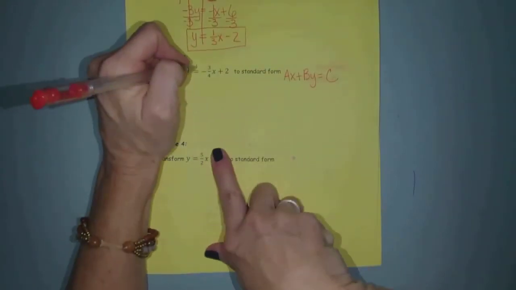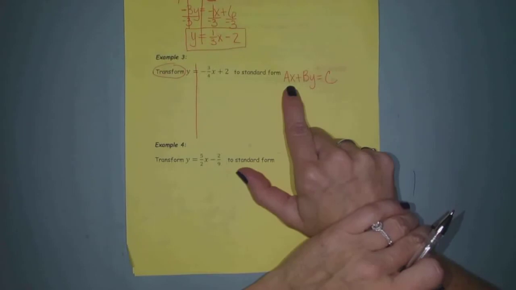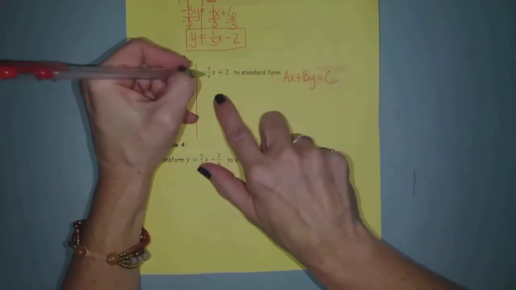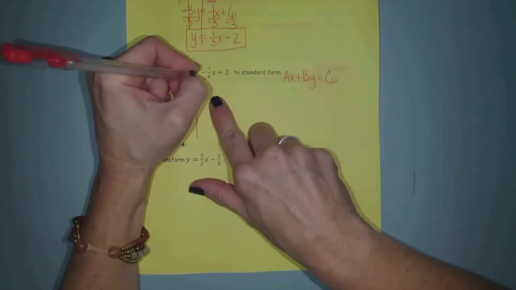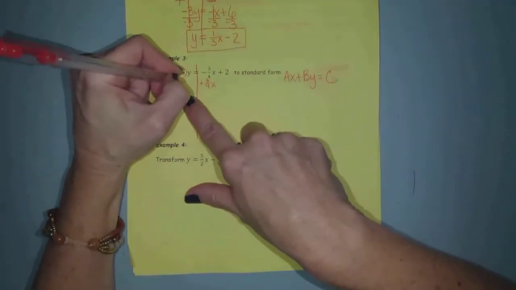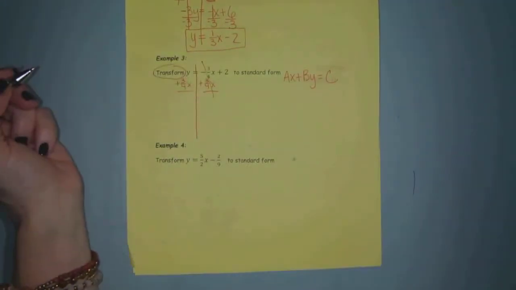So we're going to have to move the furniture around. What I need to do is get axe in the front. The easiest way to get the x term in the front is to move it over to this side. So instead of, because I have a negative 3/4 x, I'm going to add 3/4 x to both sides, like so. That is going to cancel those out.